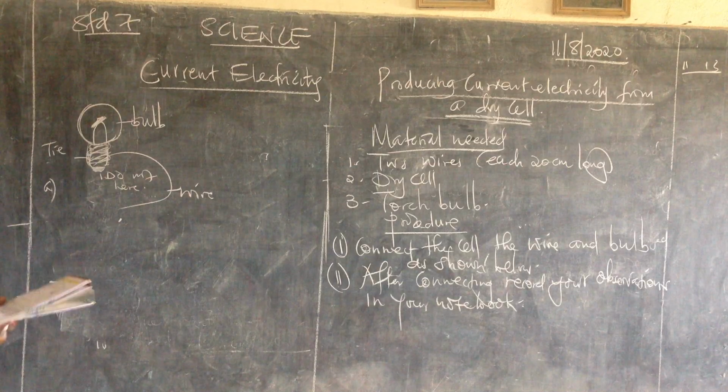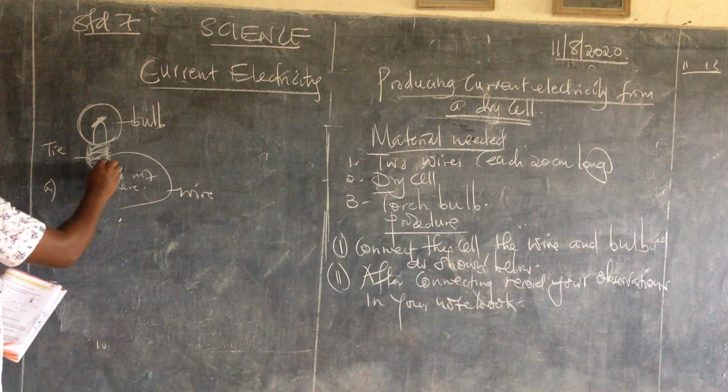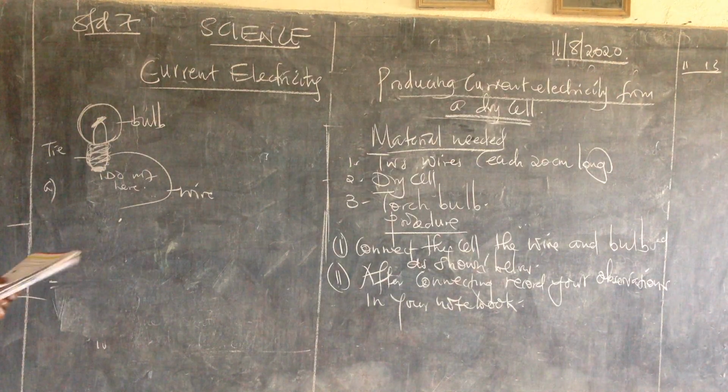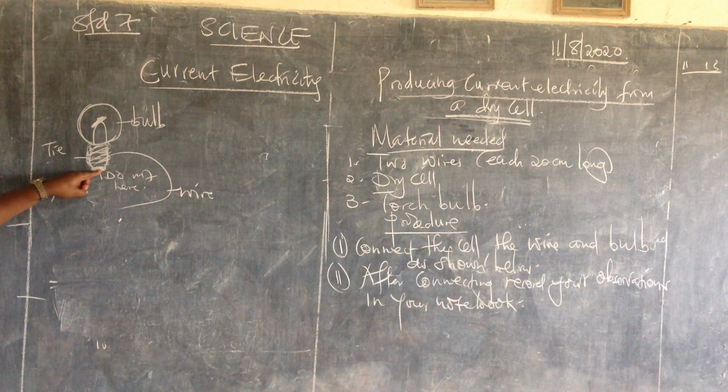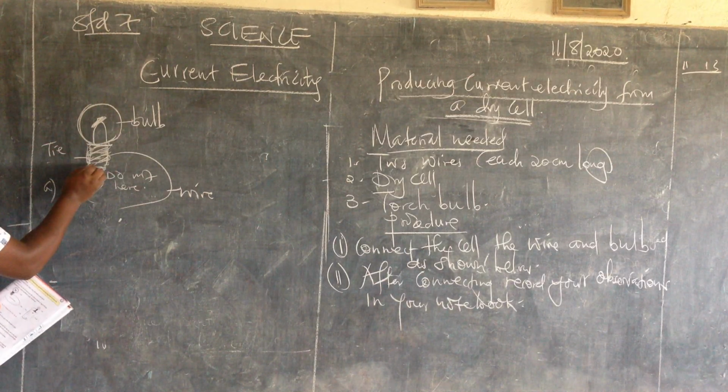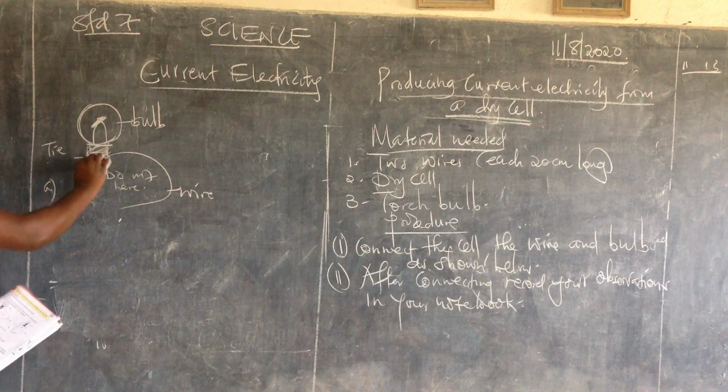The reason why I'm saying do not tie here is because this point is a negative point. From this point to this point, that part is positive.